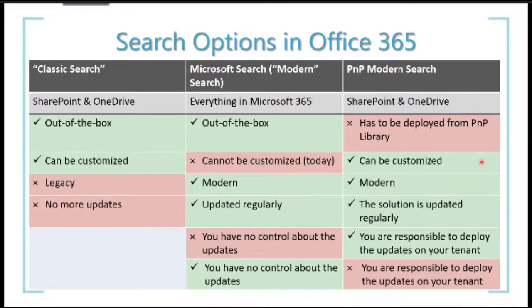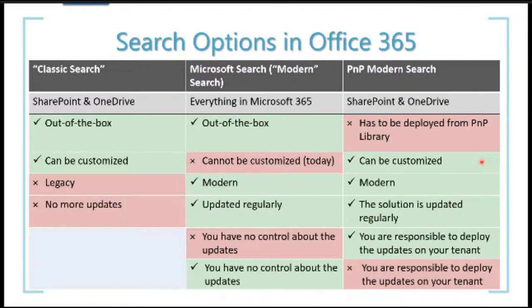You can create a custom search page or even a custom search center by using the PnP web part library if you like. And this is also updated regularly. And since this is a PnP library, the PnP team is monitoring the comments and feedback and the bugs quite often.